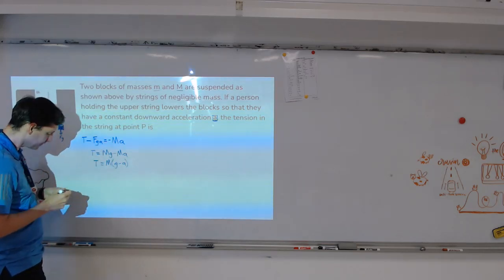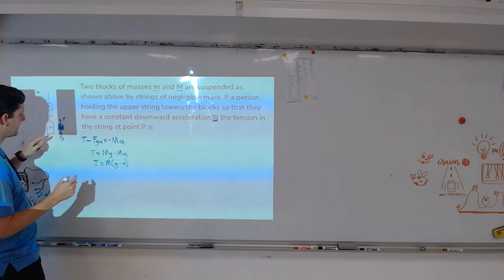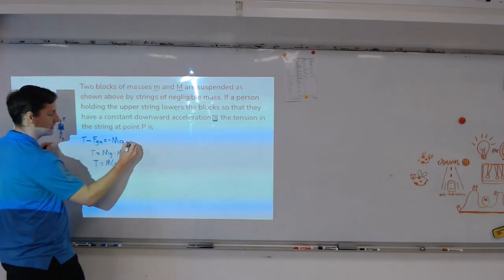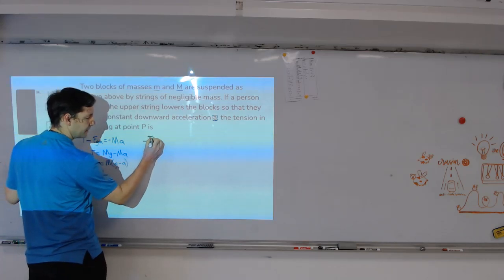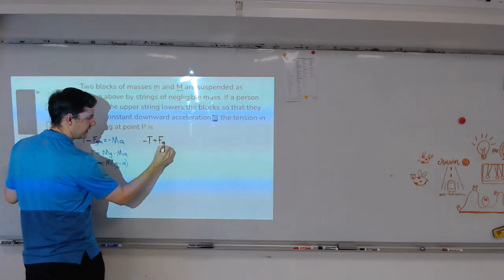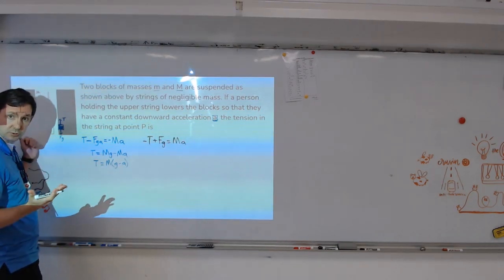Okay? Let me show you what would happen if we did it a different way, right? If instead we were to say that down is positive, then we would do this. We'd say negative tension plus Fg equals ma, just like that.